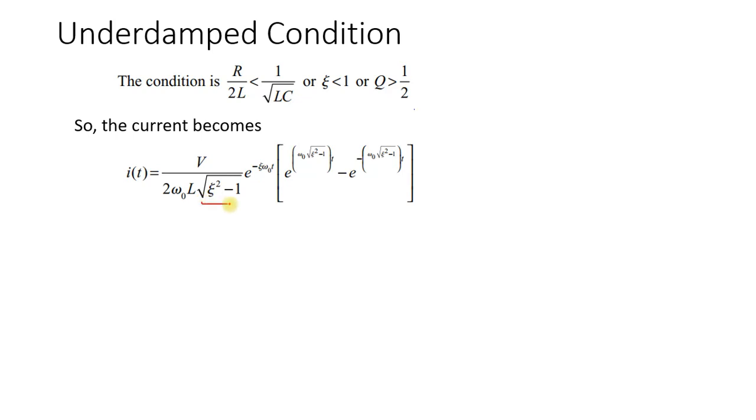If I simplify this term, the whole value zeta square minus 1 is negative. So if I take the negative value from the square root, definitely the complex term j will be present here.